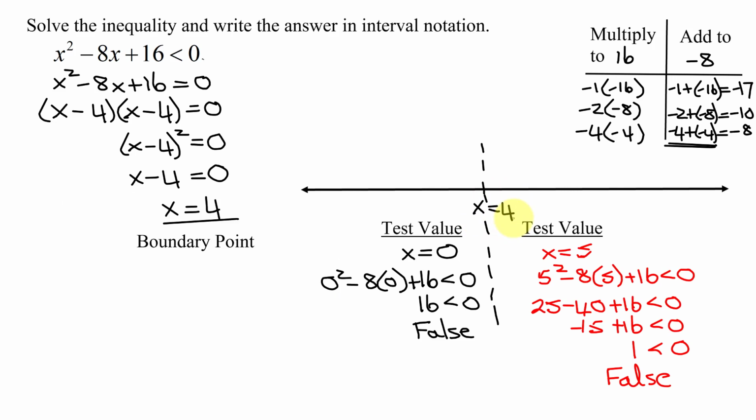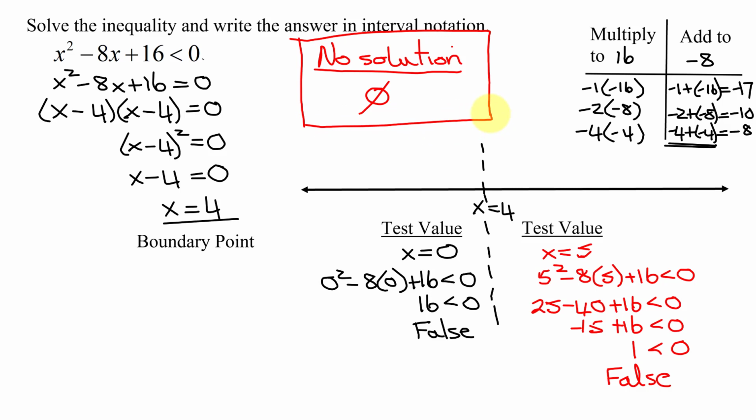So my boundary point of x equals 4 is excluded from the solution set, and I have no intervals where the inequality was true. So what is the answer to this inequality? There is no solution, as there is no value for x for which this inequality is true. And if we want to write the answer in interval notation, it is often written as the null set.